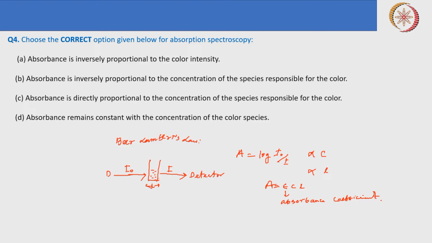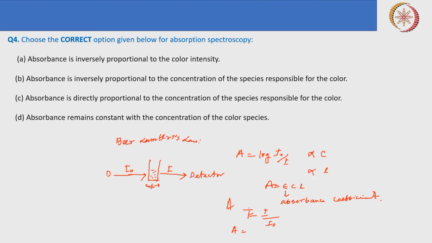No, if you use I by I naught, then yes, there should be some negative value. Transmittance is equal to I by I naught.